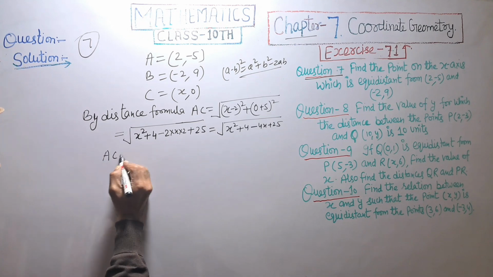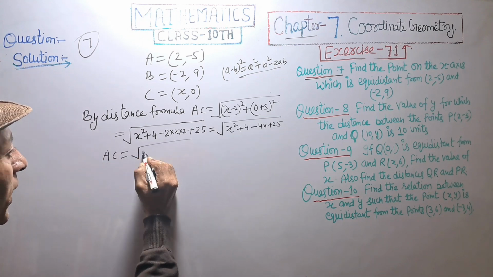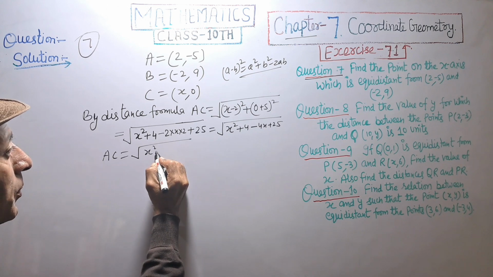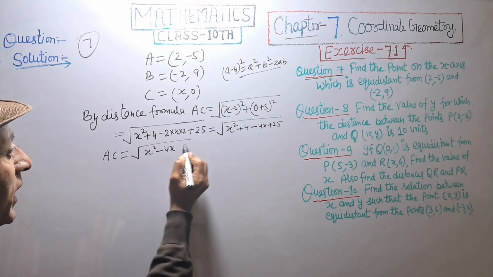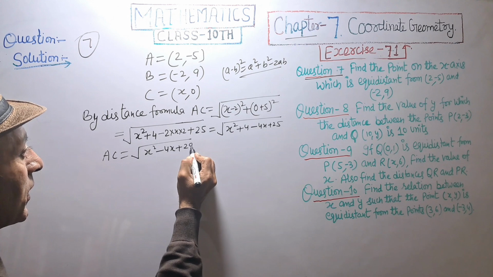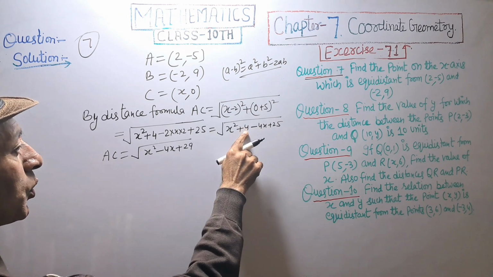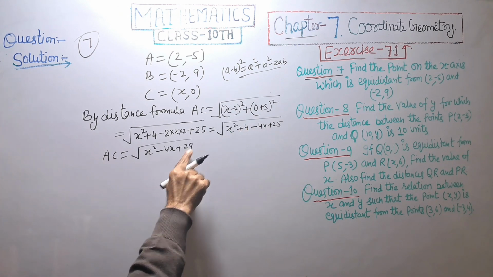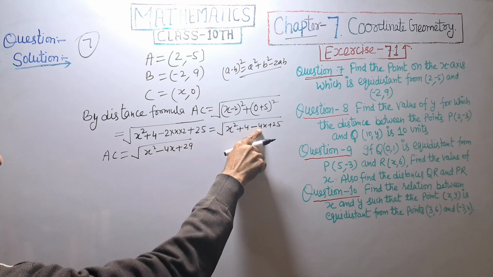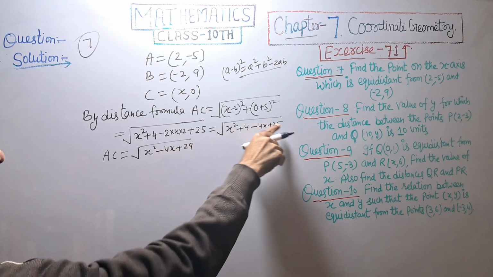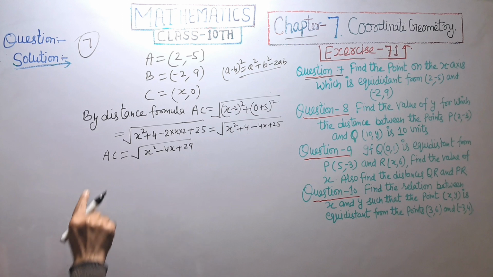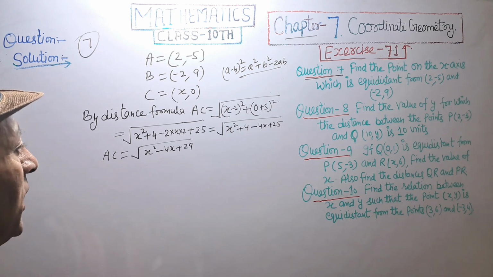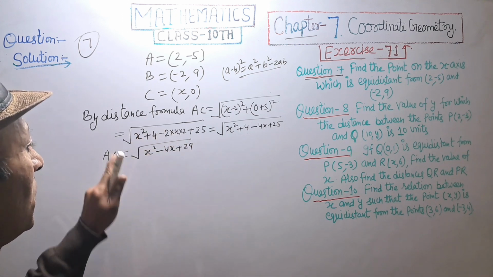So AC is equal to the square root of x squared minus 4x plus 29, since 25 plus 4 is 29.